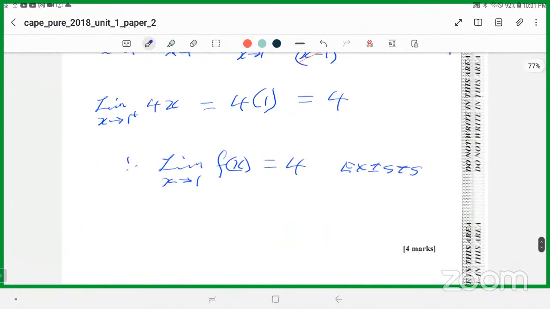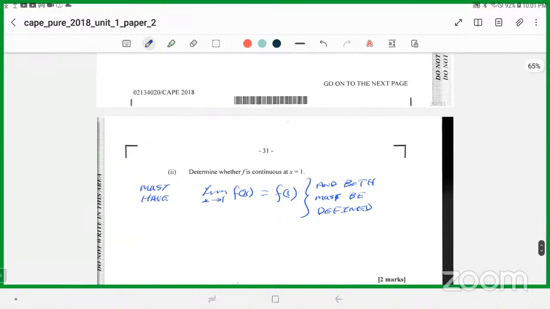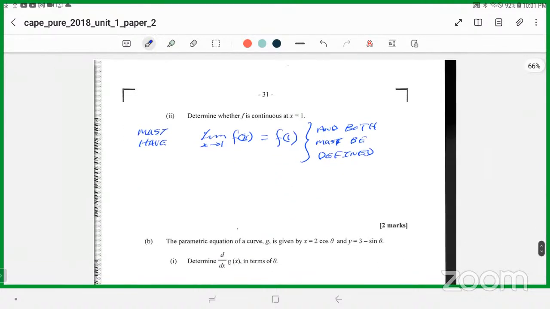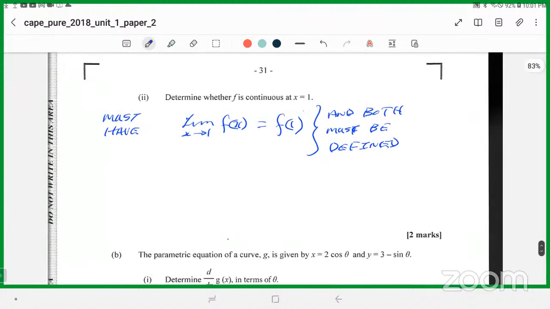For the function to be continuous, everything has to be consistent and in sync. So you're going to say no, it is not, because this equals 2.